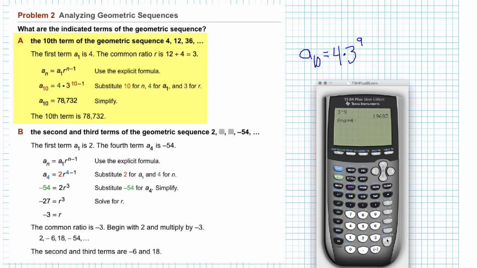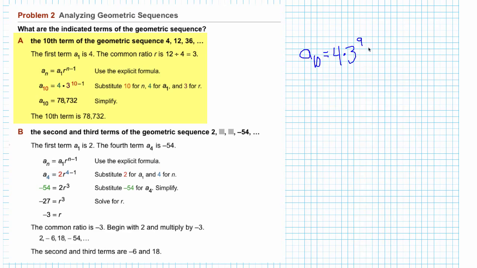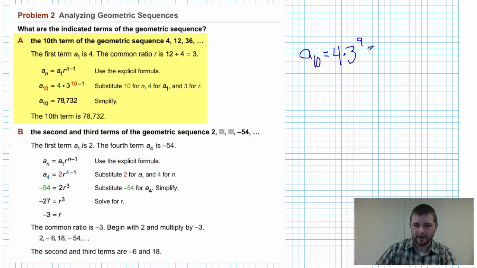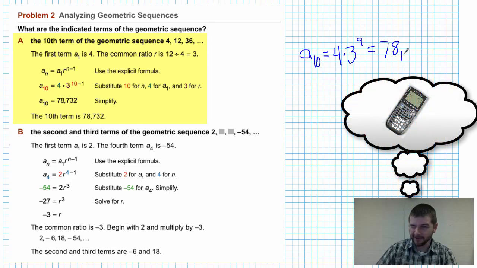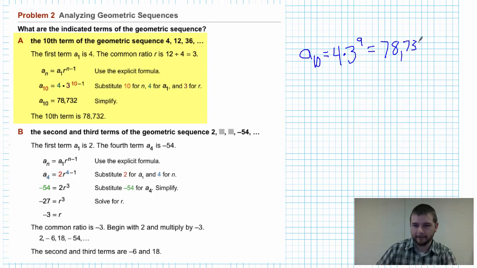There we go: 78,732. So there's our 10th term. Done. Let's move on to B.